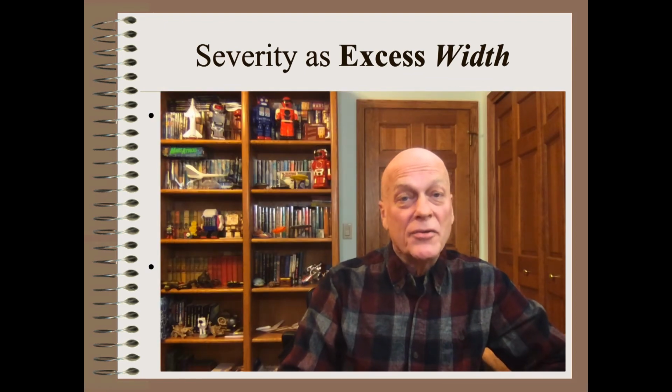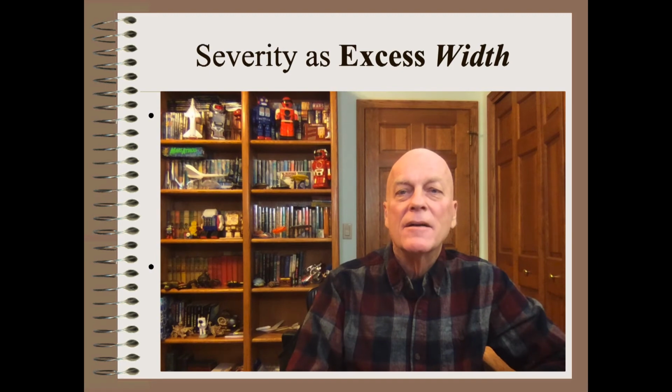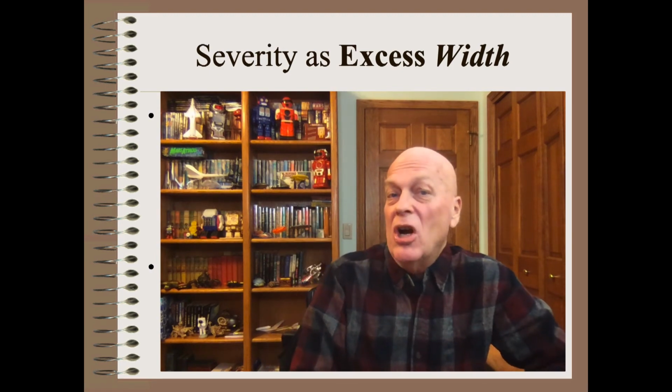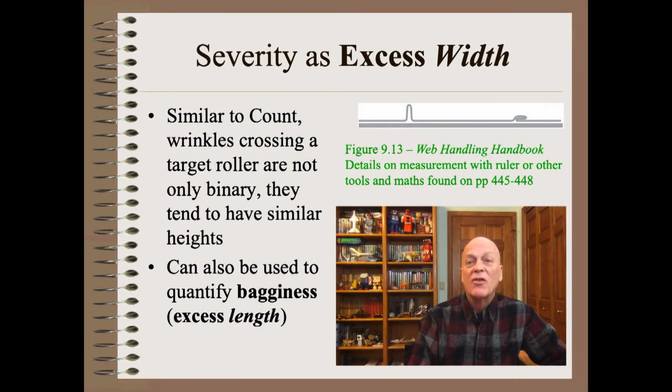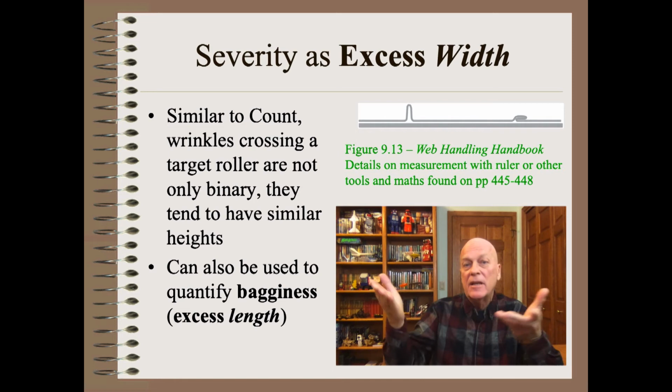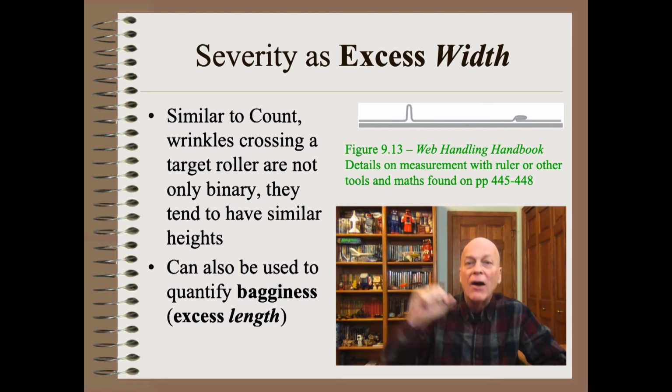We will introduce just one last measure here. This one is similar to count. It makes use of the mechanics principle that for a given roller and web, the height of the wrinkle tends to be the same. Here we simply sum the number of wrinkles times the height of the wrinkle times a factor that is given in our book, along with the techniques and tools to do those two measurements.